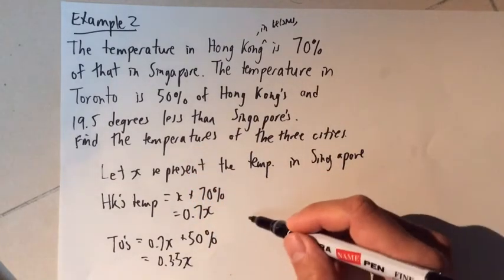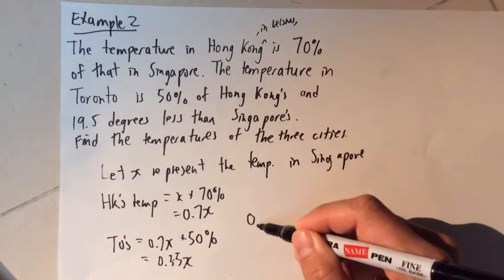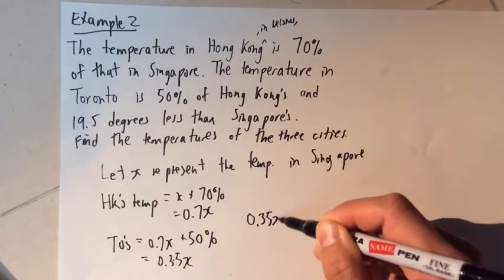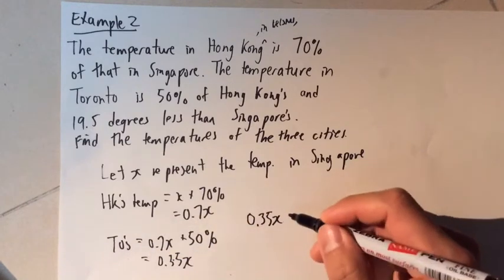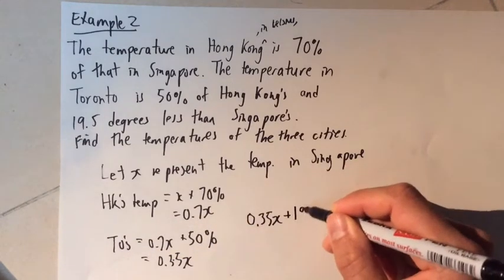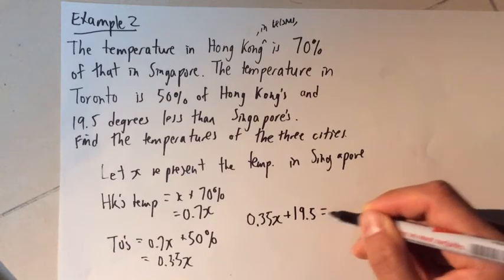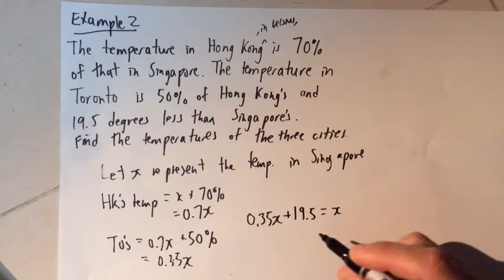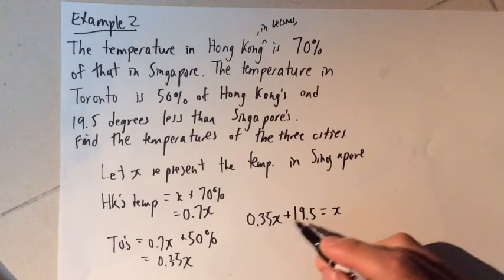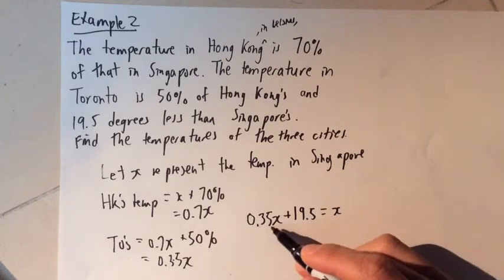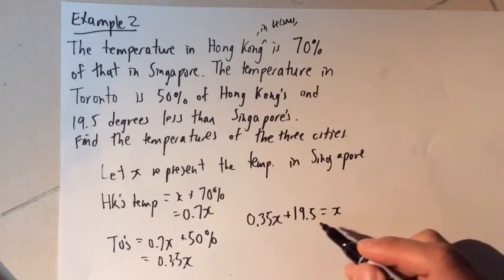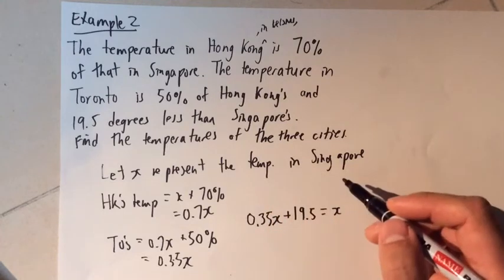Okay, so we can write an equation like so: 0.35x, which is the temperature of Toronto, plus 19.5 equals x. Okay, so we know Toronto is 19.5 degrees cooler, so we need to add that in order to make that temperature equal to x, the temperature of Singapore.